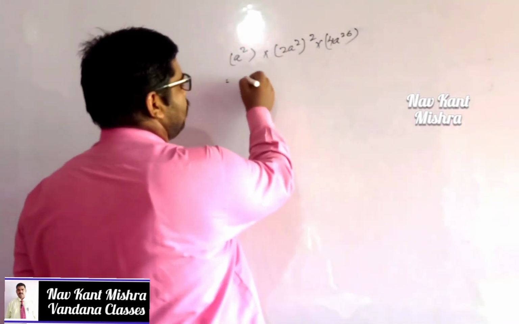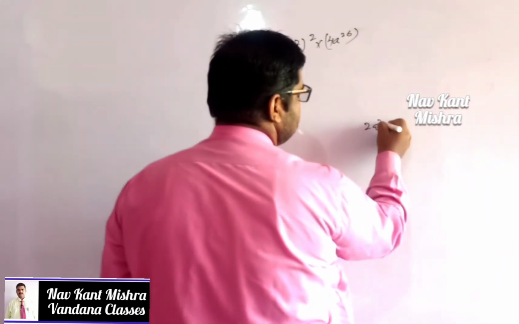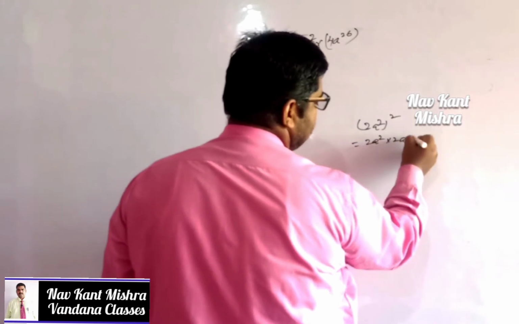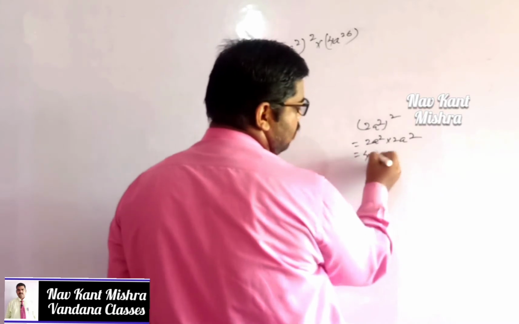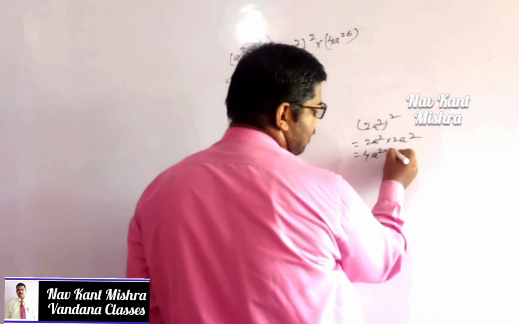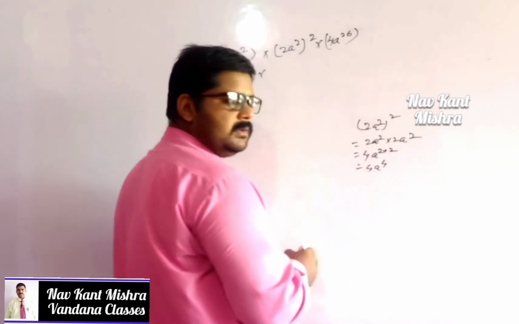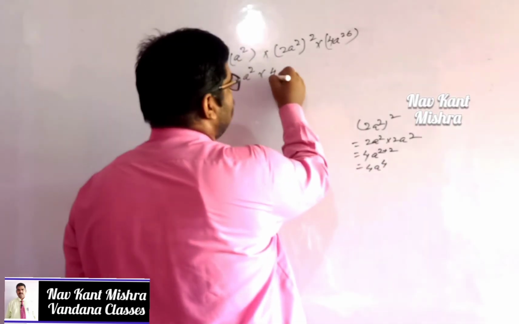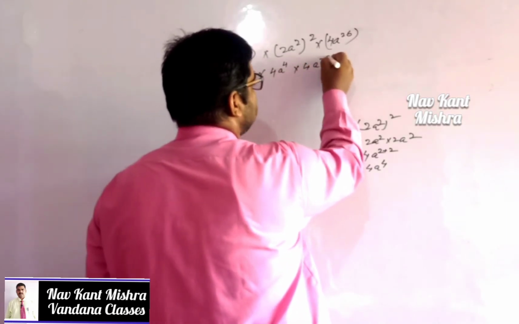At first you have to simplify it, because 2a square whole square can be written as 2a square into 2a square, and you know very well that 2 into 2 is 4, and a square into a square can be written as a to the power 2 plus 2, or a to the power 4. So its result is 4a to the power 4 into 4a to the power 26.